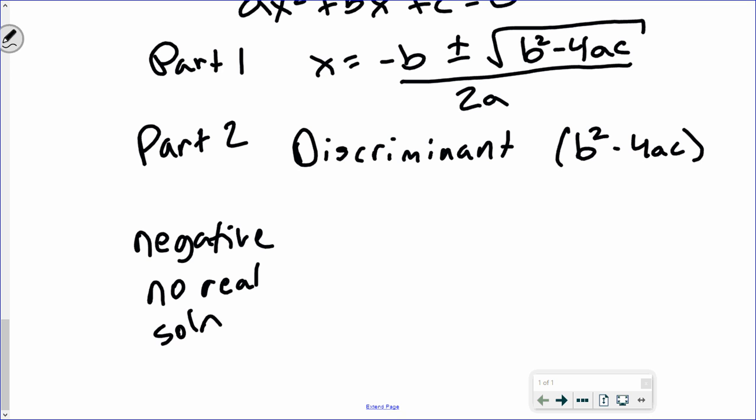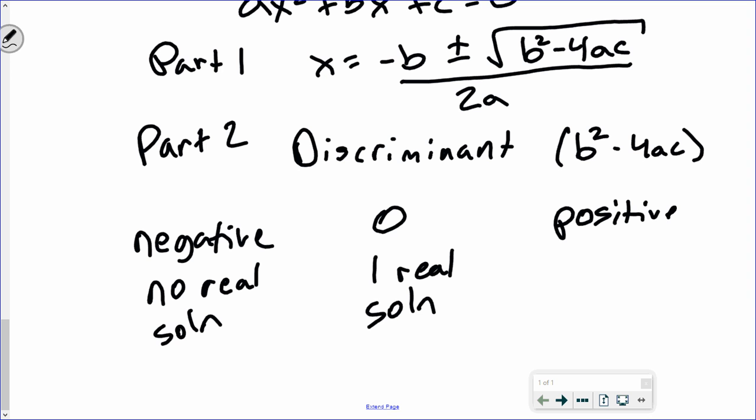If the discriminant was 0, we had one real solution. And if the discriminant is positive, we would have two real solutions. Yesterday in our DLD, we also talked about linear, exponential, and quadratic functions and comparing those a little bit. So that's the end of our chapter 9.